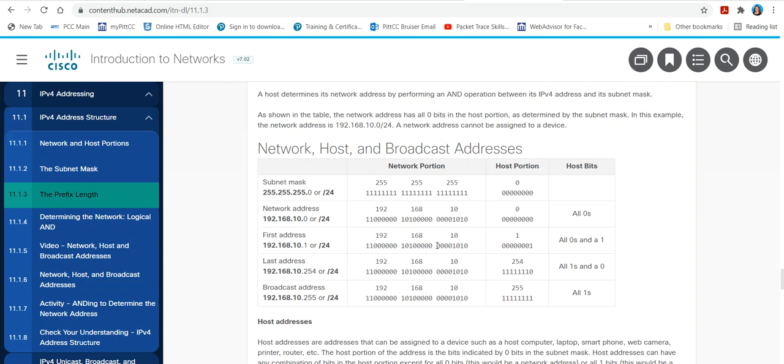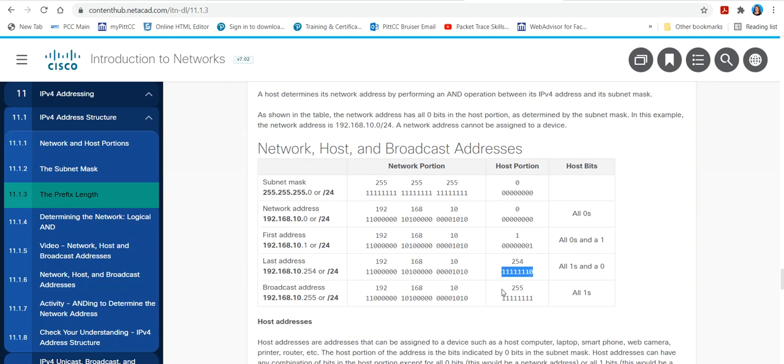And if this is your host portion, do you see how we have a mixture of ones and zeros? Okay. So all zeros is the network, and a mixture of ones and zeros gives you a unicast address.